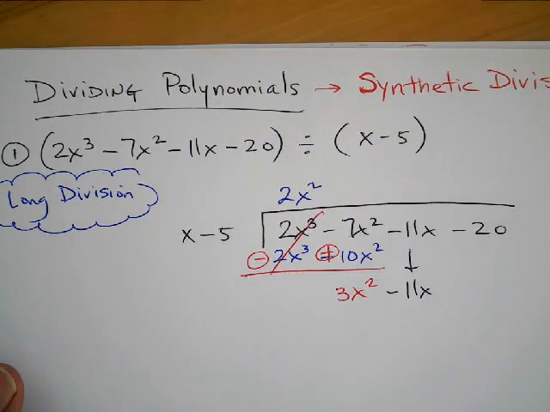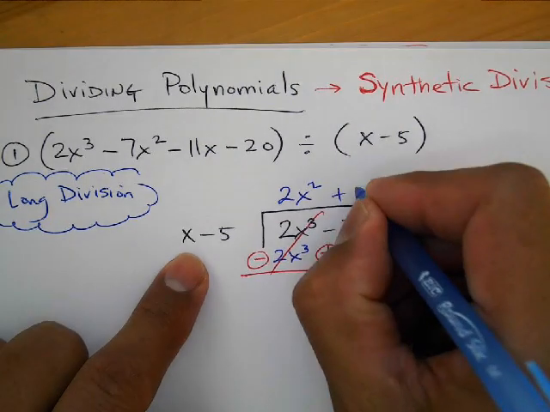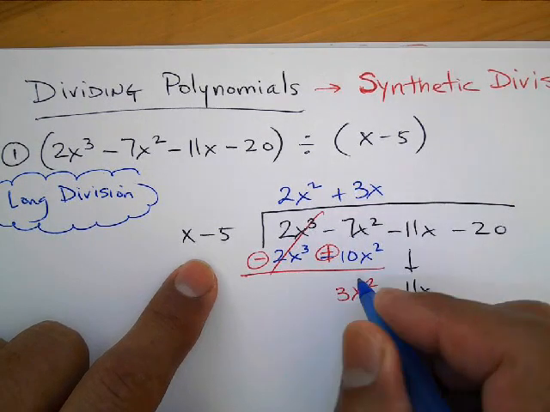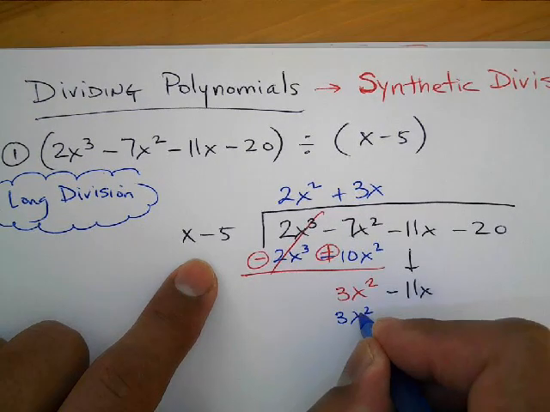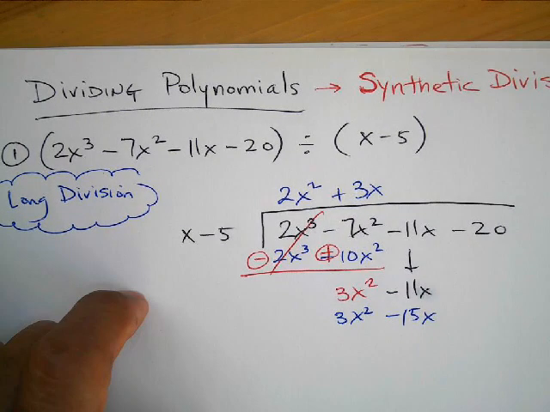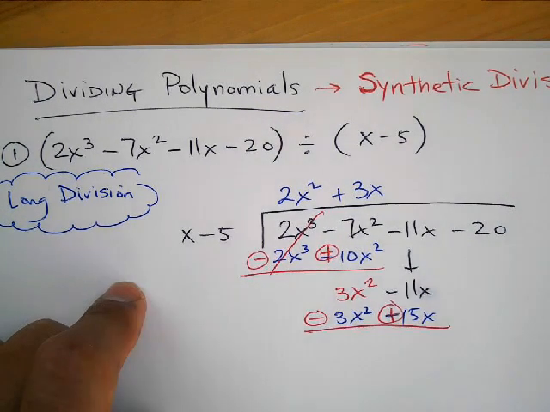Start again the division process. X into 3x squared is a positive 3x. Multiply. That would be 3x squared minus 15x. Subtract. Change the signs.